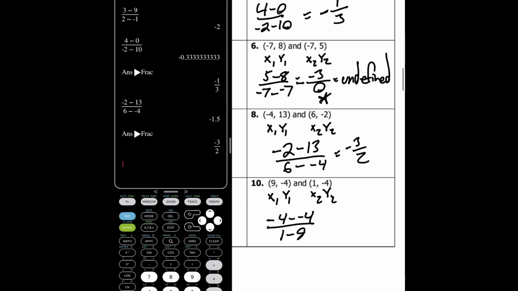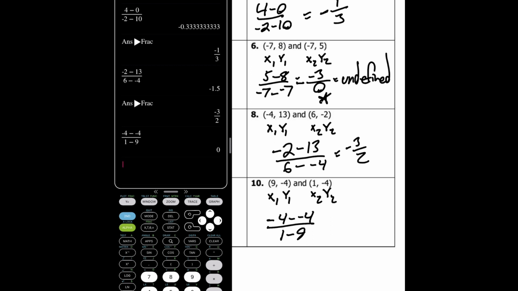And for our last one on this page, I have alpha y equals, enter, negative 4 minus negative 4. And on the bottom I have 1 minus 9.